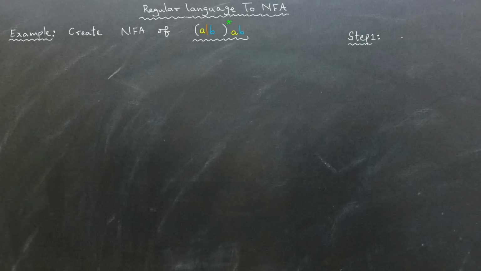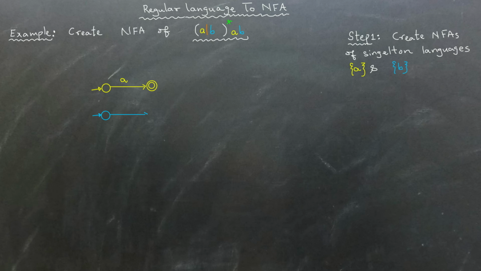First, we create an NFA for the singleton language containing the symbol A. This NFA will have a start state that transitions to a final state when it reads the symbol A. Similarly, we create another NFA for the singleton language containing the symbol B. Now, we need to combine these two NFAs to create an NFA for the language A or B. To do this, we apply the union rule.